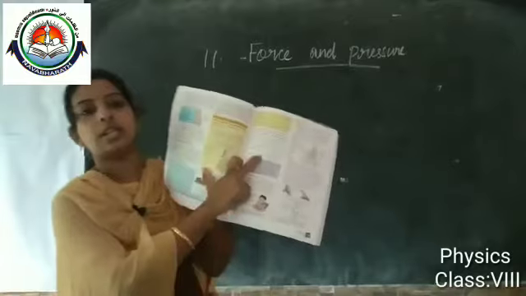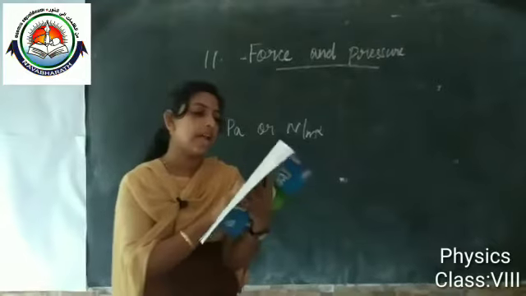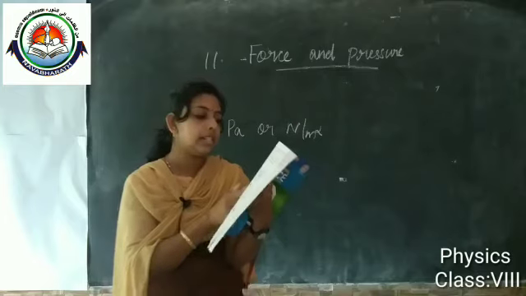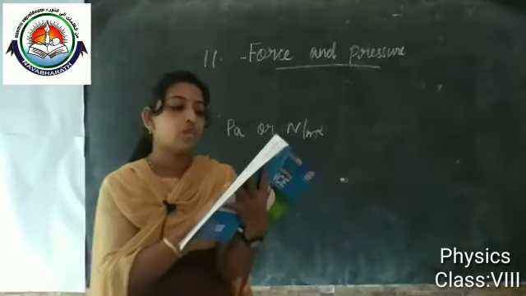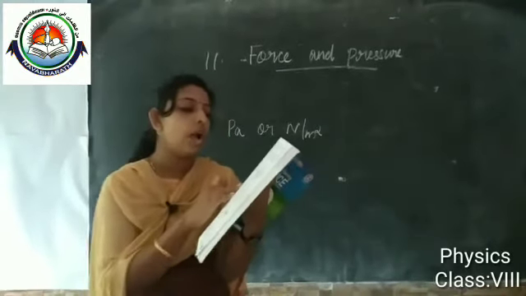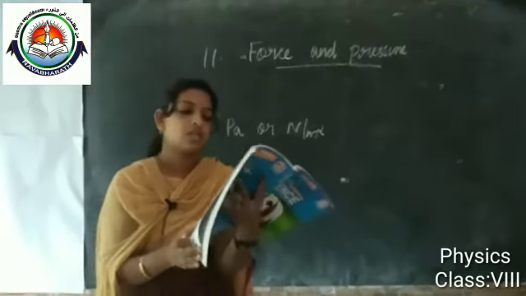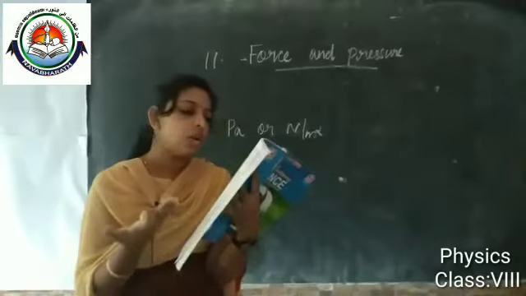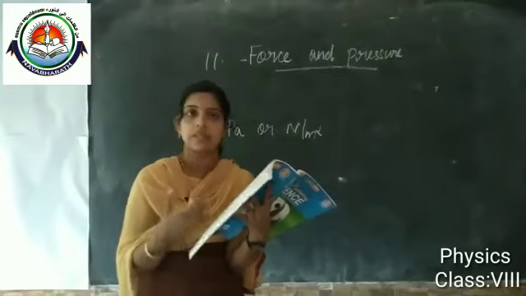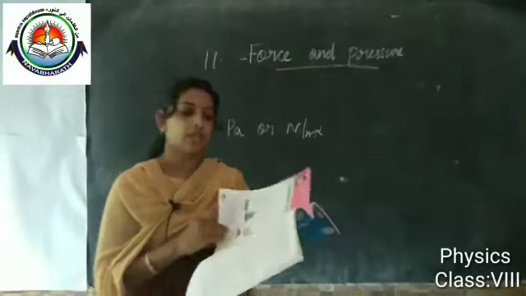Here you can see, the fourth sentence from the last: An astronaut wears a special spacesuit that maintains the normal atmospheric pressure for her or his body, since there is no atmospheric pressure outside the earth. You can write it in your own words. When we wear the spacesuit, it maintains the normal atmospheric pressure.